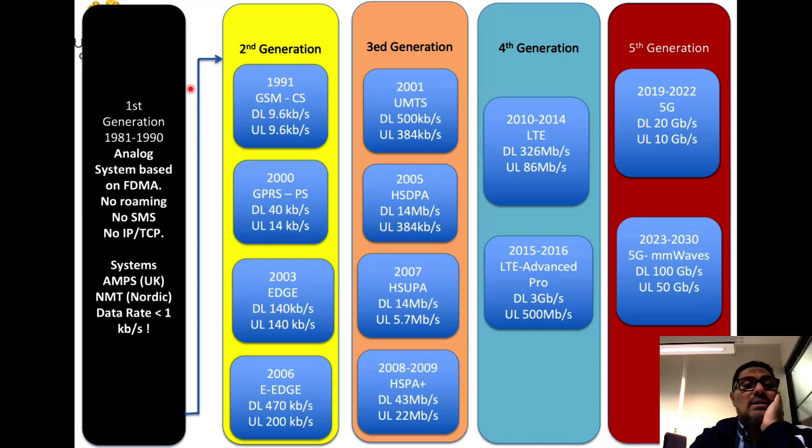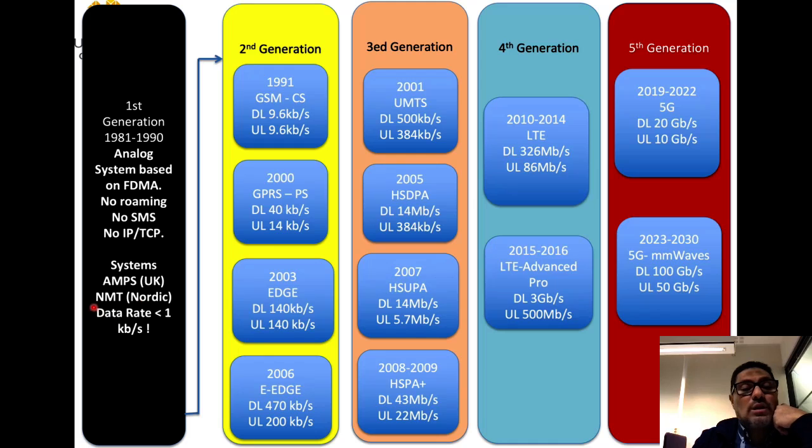In this simple figure, we can see the development of the cellular network. From 1981 to 1990, the system was first generation and it was based on analog communication, and we didn't have IP or TCP protocol in the first generation, and the maximum data rate was less than 1 kilobit per second.